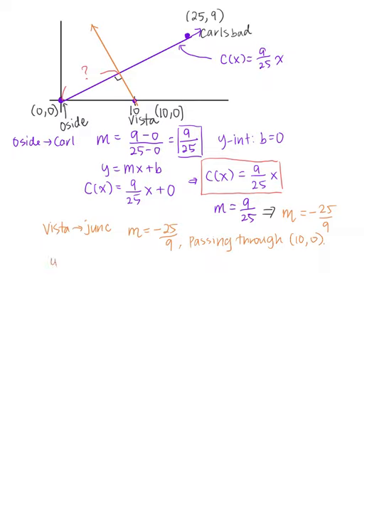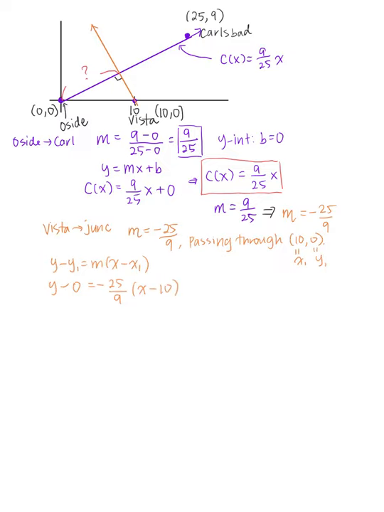We have y minus y1 equals m times x minus x1. In this case, 10 plays the role of x1, and y1 is going to be 0. So plug and chug: y minus 0 equals negative 25 over 9 times x minus 10.